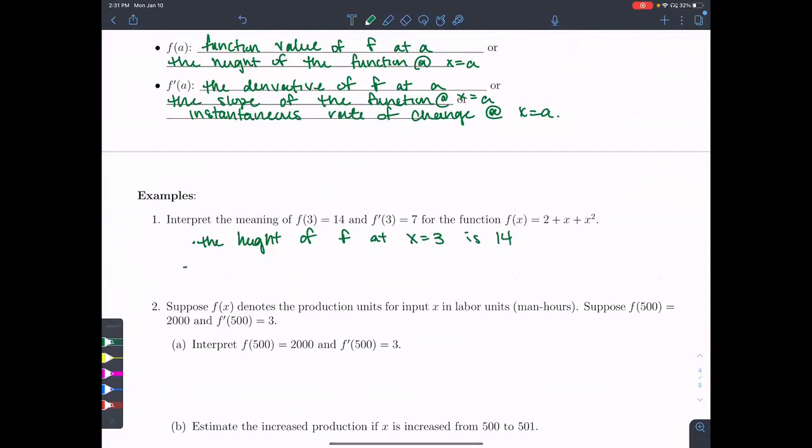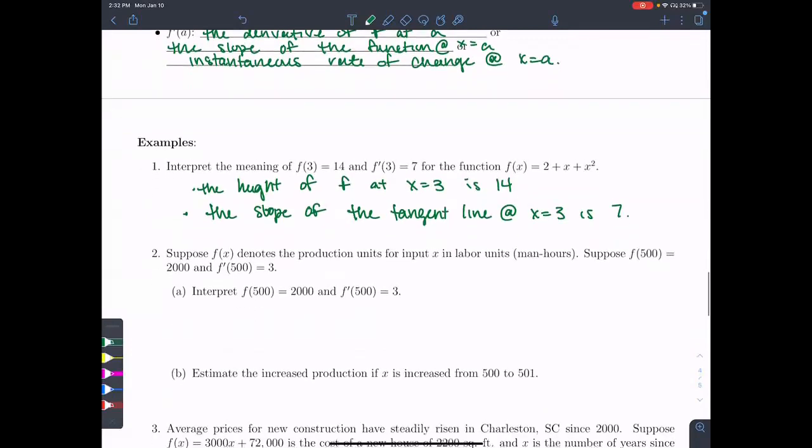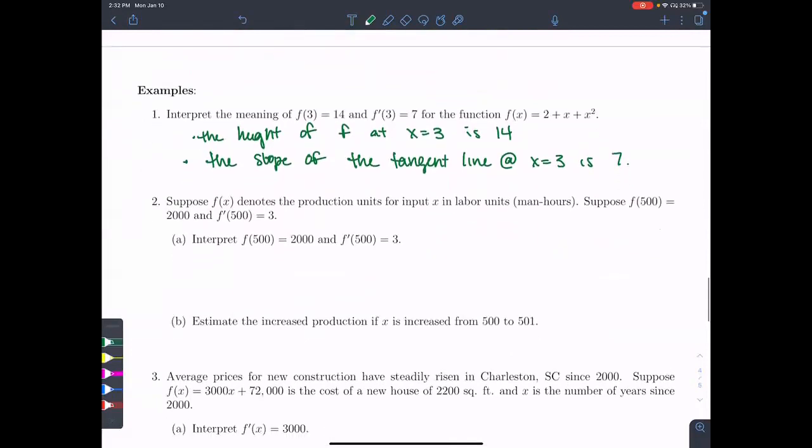The slope of the tangent line at x equals 3 is 7. So that's the instantaneous rate of change at x equals 3 is 7. Okay, so that means it's positively sloped there, it's increasing at a rate of 7 per move.